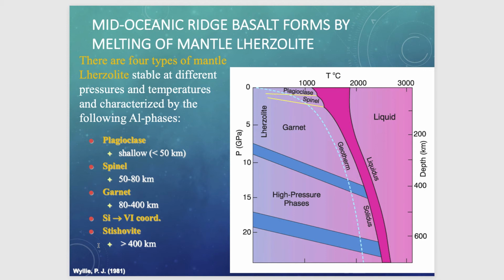So there are 4 types of mantle lherzolites, and you explain these different types by looking at their pressure and temperature condition of crystallization.